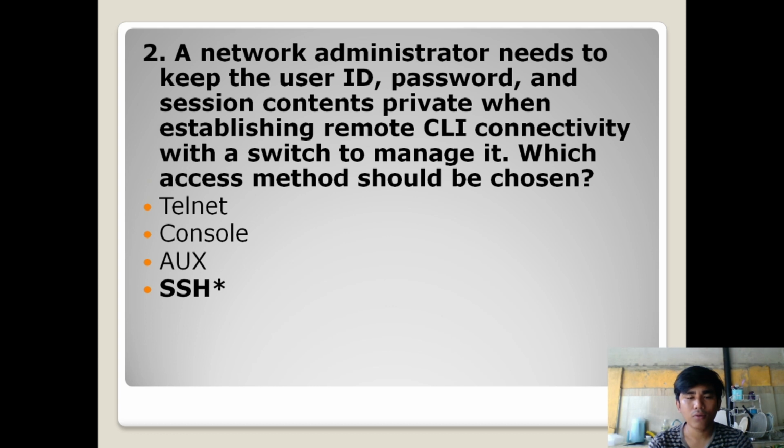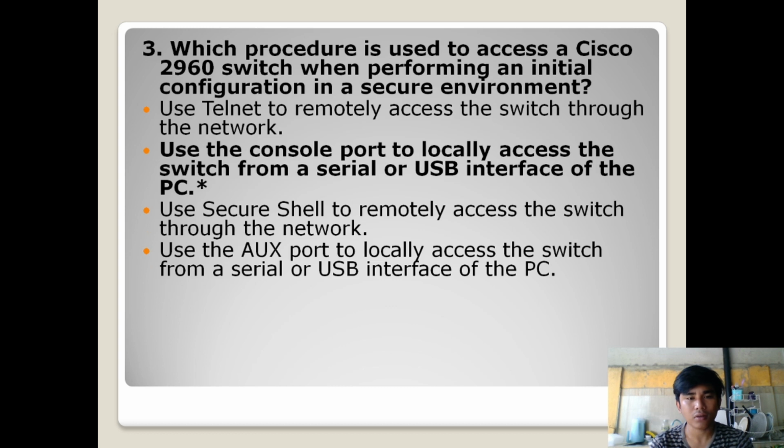For number 2, a network administrator needs to keep the user ID, password, and session contents private when establishing remote CLI connectivity with a switch to manage it. Which access method should be chosen? There's Telnet, Console, AUX, and SSH. My answer in this question is SSH.